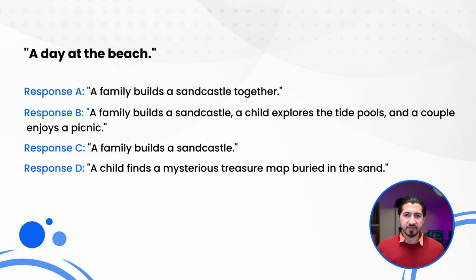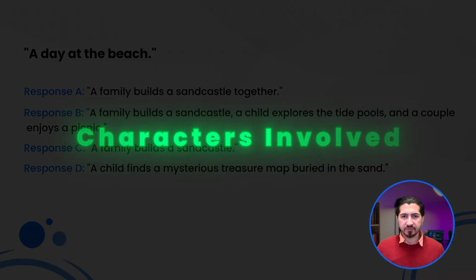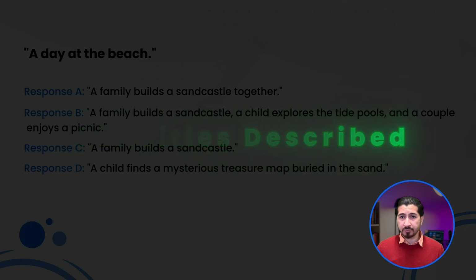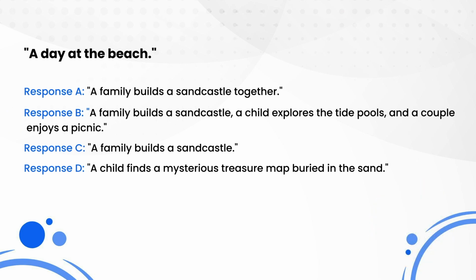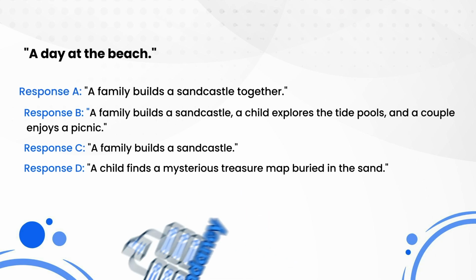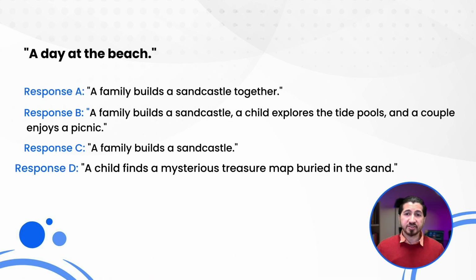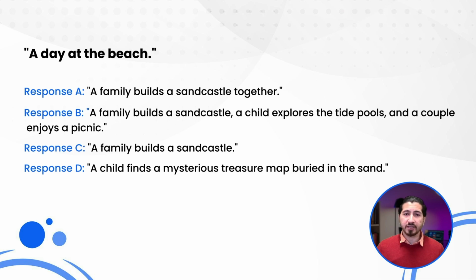In evaluating these responses using diversity metrics, we would look for variety in themes, characters involved, and activities described. Response B would score highly on diversity for offering multiple subplots and varied interactions, while response C would score lower due to its redundancy with response A. Response D introduces a novel element, which enhances its score for introducing unique content.